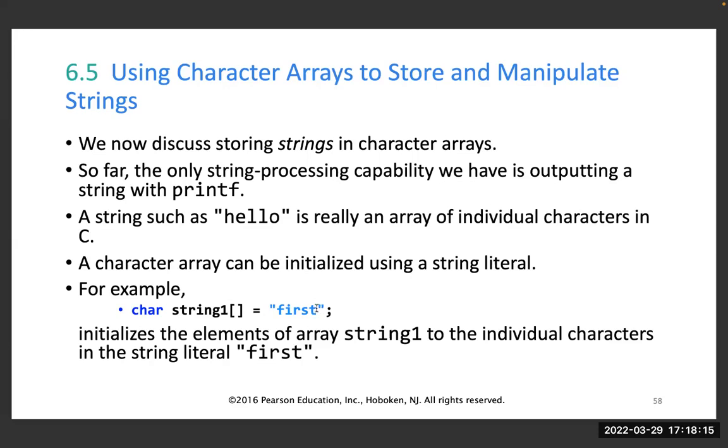But we know a string should have one more character, \0 at the end, so this number should be 6. If we keep this blank, the compiler will automatically assign 6 spaces to string1, because the compiler knows this is a character array, a string. So we don't need to type the number here.